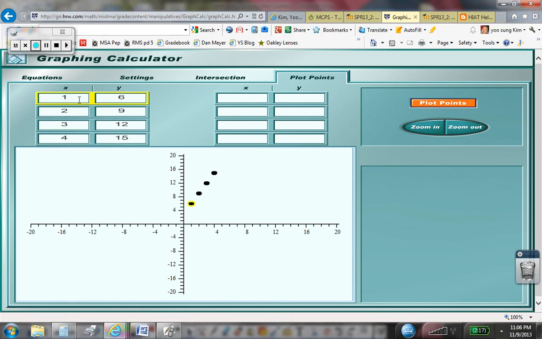Well, think about it. You have 1, 2, 3, 4 along the x-axis. That means their difference is the same each time. 1 over, 1 over, 1 over. Now, if you look at the y-axis, the difference is not 1, but it's still consistently the same. It's going up by 3.